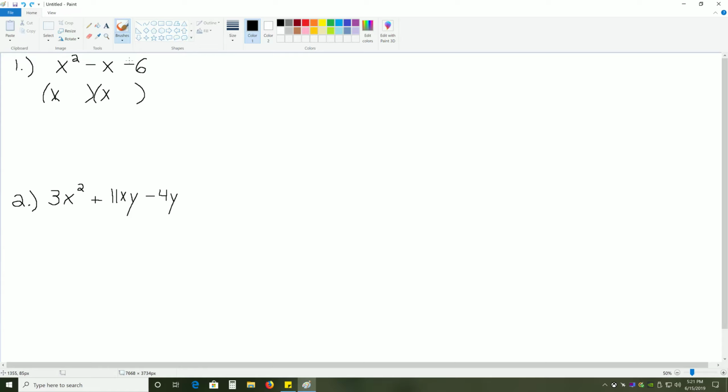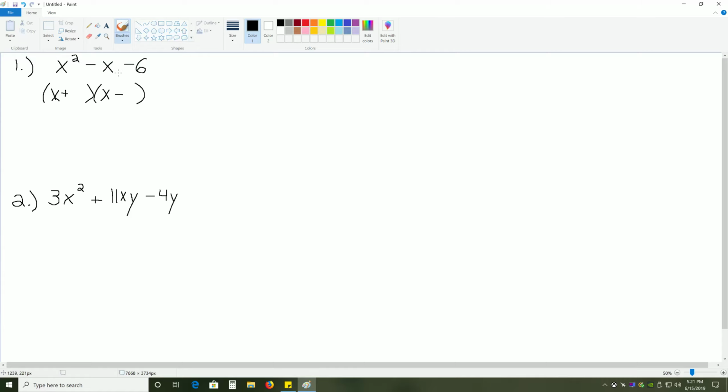So for instance, if this were a +6, then we would look at the symbol here and we'd put a minus after each of our x's. But in this example, it was a -6. When this is a minus, you will automatically put a plus and then a minus, or a minus and then a plus, basically different signs.